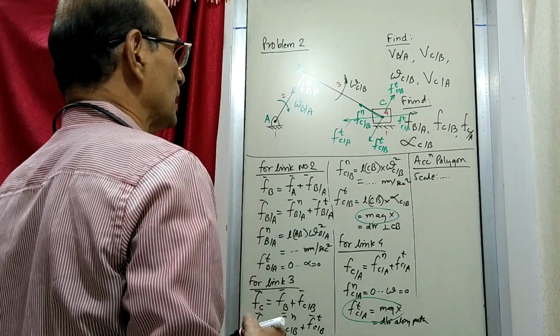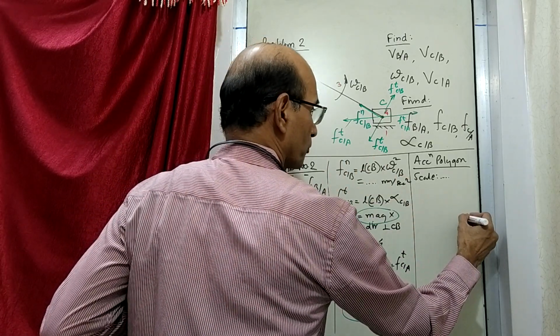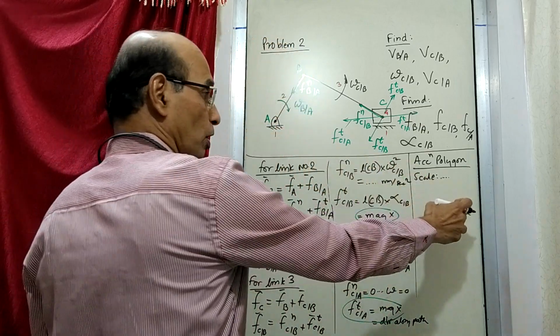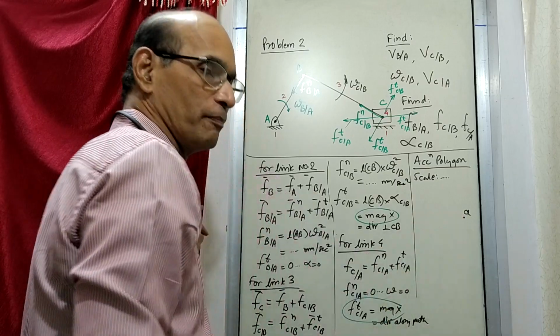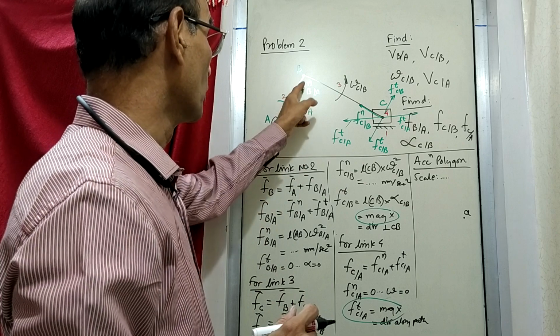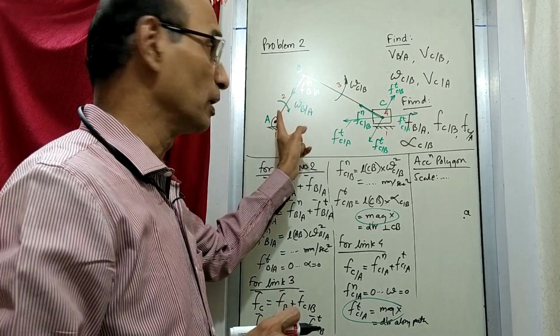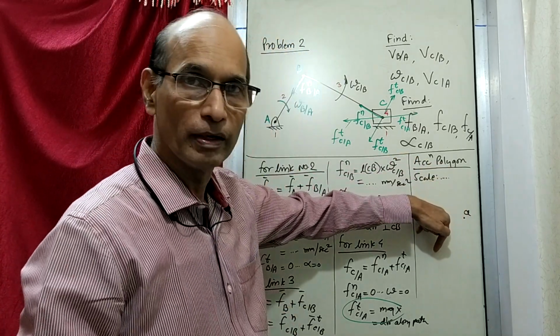After we decide the scale, now we have to draw the polygon. So I start from here, calling this point as a, small a, acceleration of A is 0. So this point is representing acceleration of A. Now this normal component from B to A, in the linkage diagram from capital B to capital A, here it is starting from a and it will go to wherever is the b.